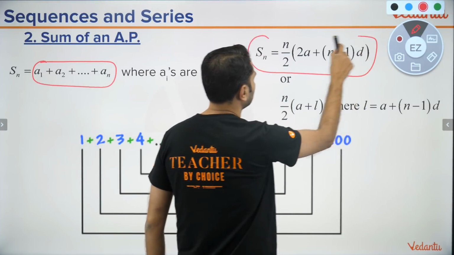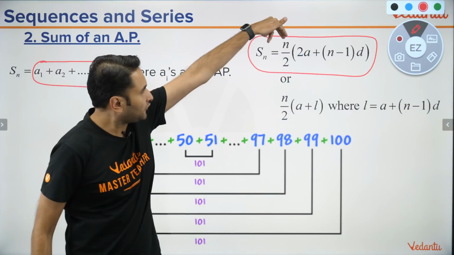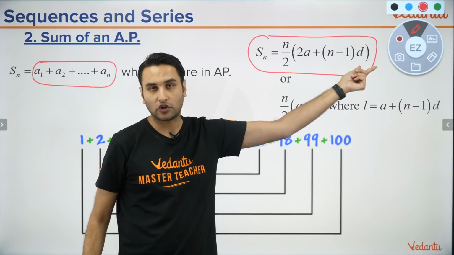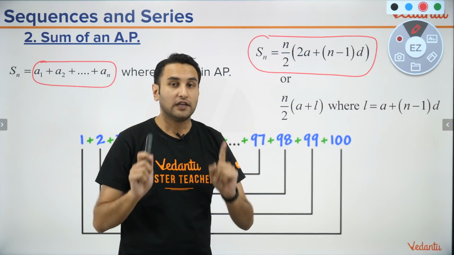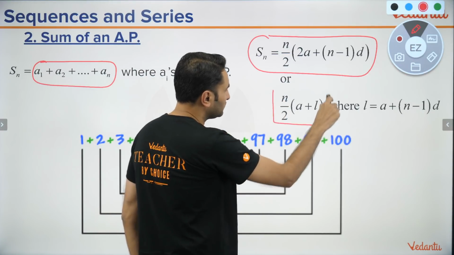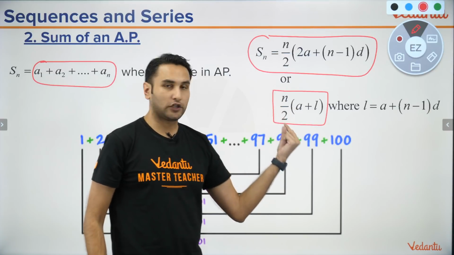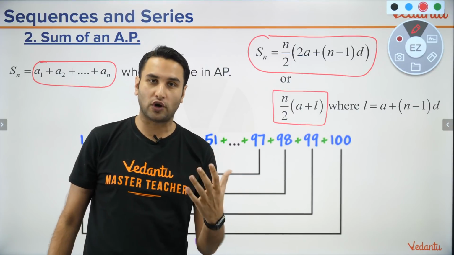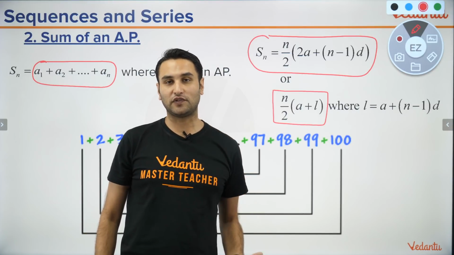Number of terms by 2, 2 times first term plus n minus 1 into d, common difference. But the most important way to remember it is also equal to number of terms by 2, first term plus the last term. This is how Friedrich Gauss derived sequence and progression.